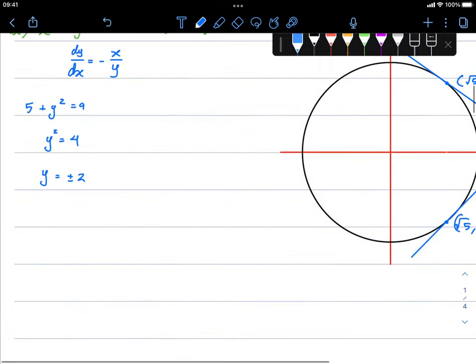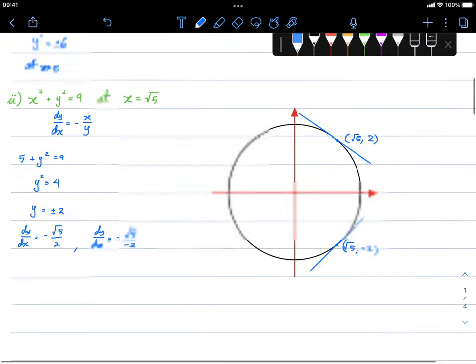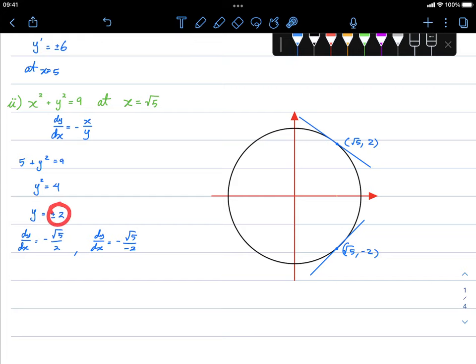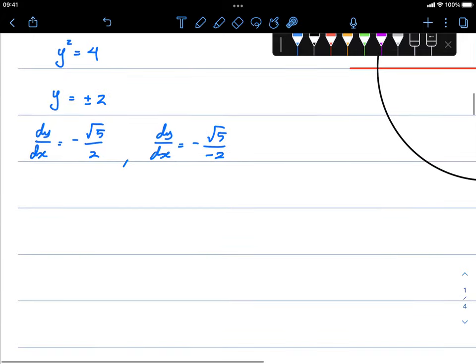Okay, so now substituting it, dy on dx, we get negative square root 5 on positive 2, and dy on dx equals negative square root 5 on negative 2. So we're substituting both of them, and for this we substitute square root 5 for both values.